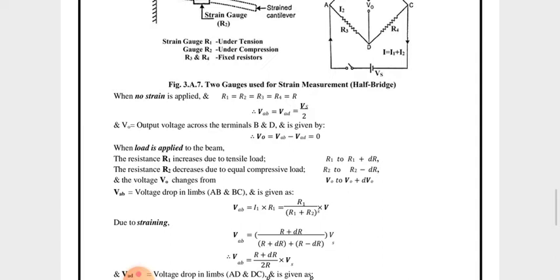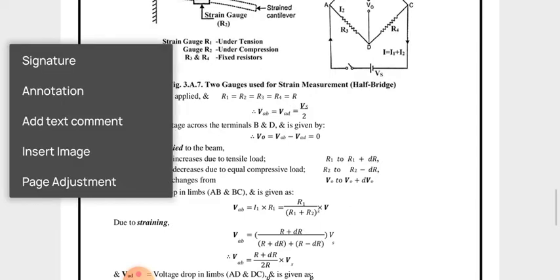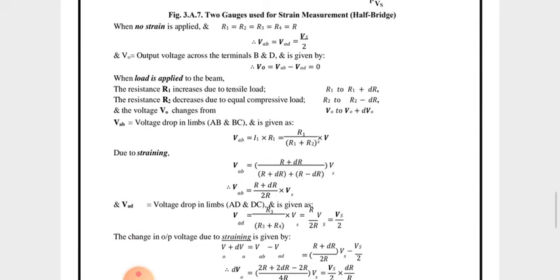Okay, so the voltage drop in limb AB and BC is represented by VAB equal to I into R1, so R1 upon R1 plus R2 into Vs, and VAB equal to R1 plus dR, because of the strain condition.